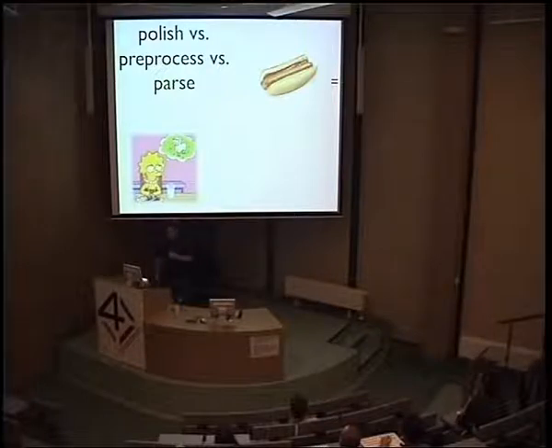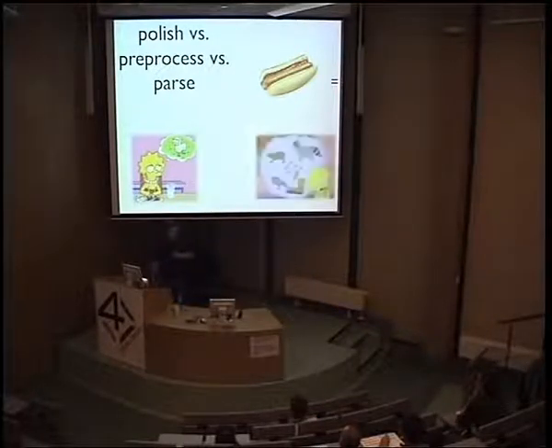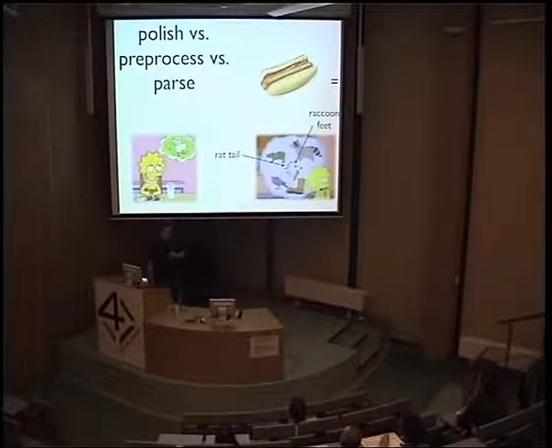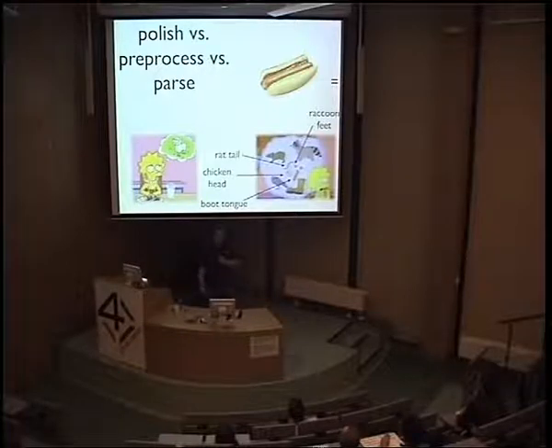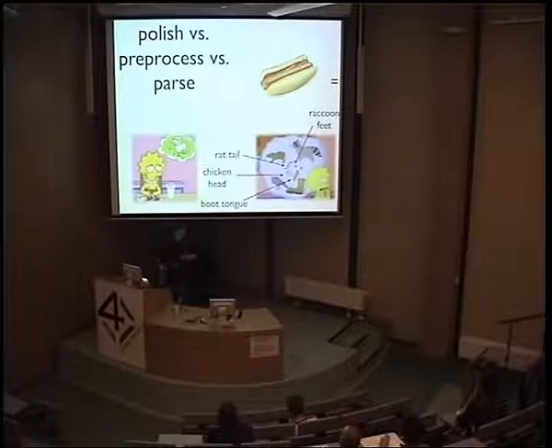And what she imagined when she saw the hot dog was this. This is what made up the hot dog. There was a rat tail, a raccoon feet, a chicken head, and the tongue of a boot that went into that hot dog. And that's what a lot of DSLs end up being, is this kind of combination of stuff that you somehow either parse or process or somehow mash around to get into the actual DSL.